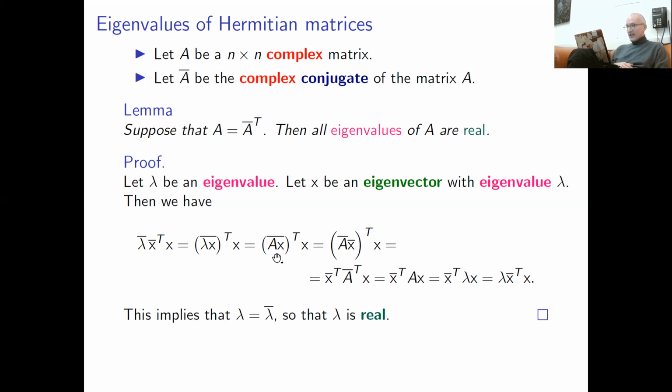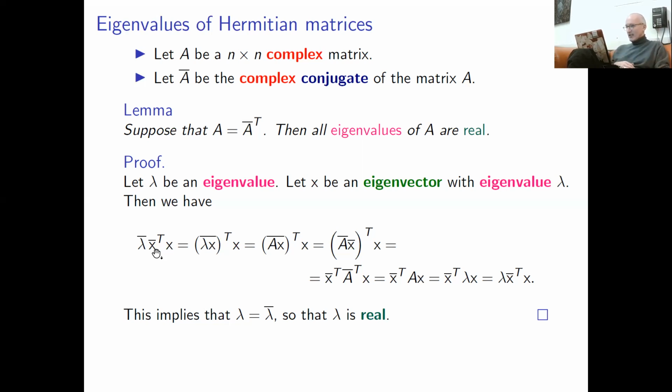Okay, but now you say, wait, A times X is nothing but lambda X, because X is an eigenvector with eigenvalue lambda. So you replace this guy by this guy, and then you use the same property again. If you multiply a number by a vector and then you take a transpose, it's the same as to multiply the transposes.